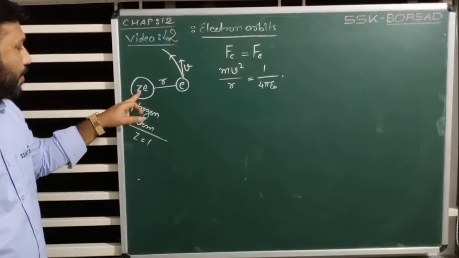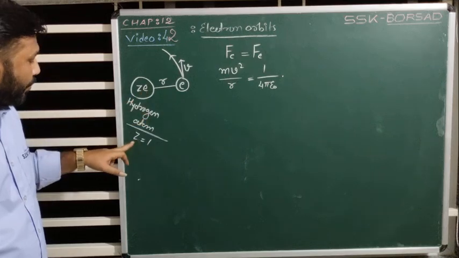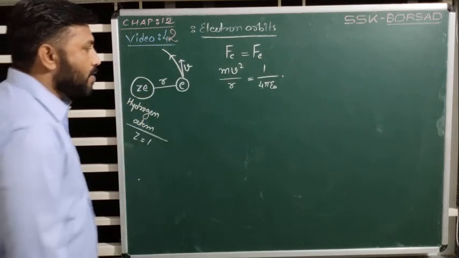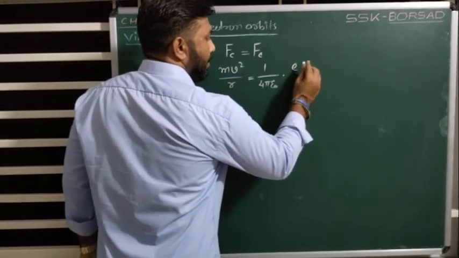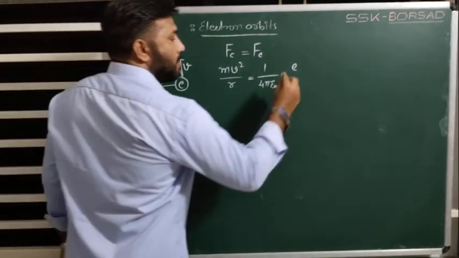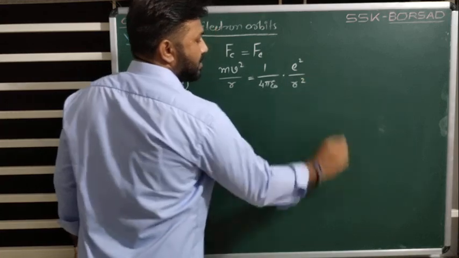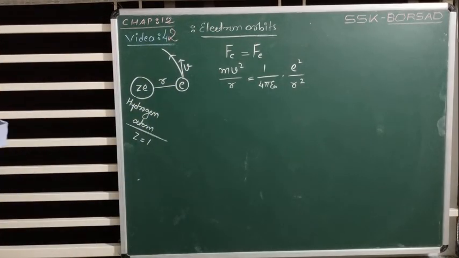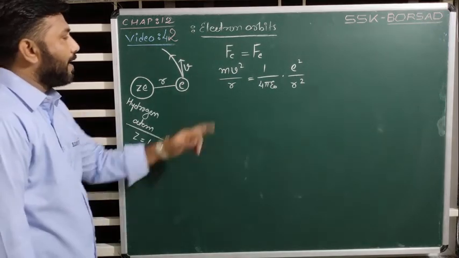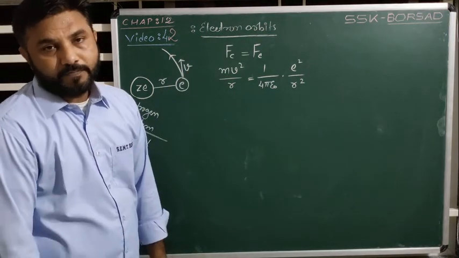Here q1 you have to take Ze, but you put Z equal to 1, so it will be e. q2 is again e, so it is e square by r square. This is the main equation for calculating the electron orbits.